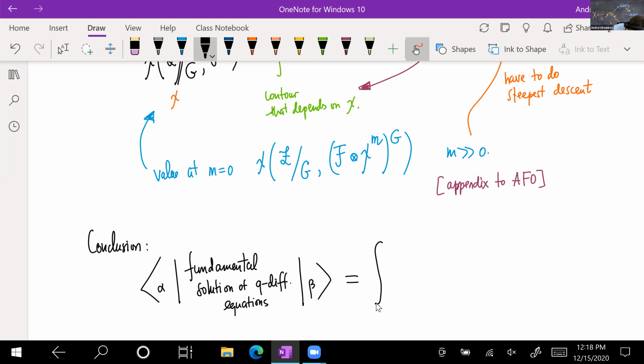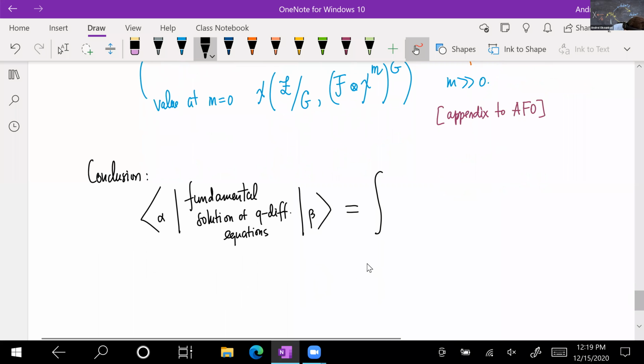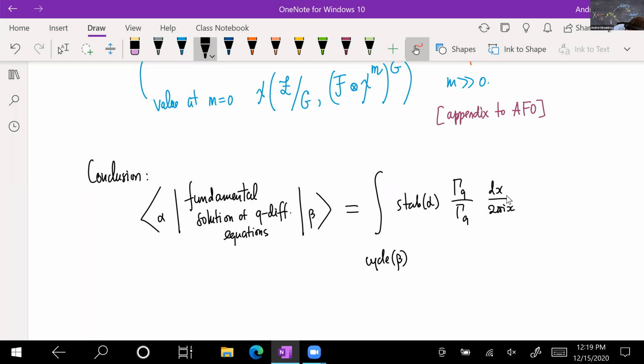That's an integral over some cycle that depends on beta. Then you take the step alpha, then some product over gamma functions, then dx over x. This sort of thing.